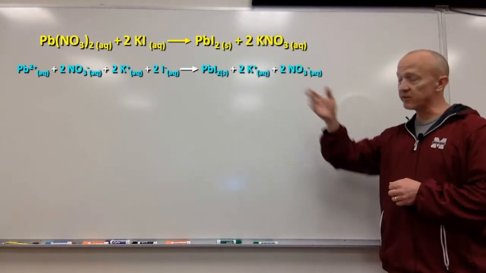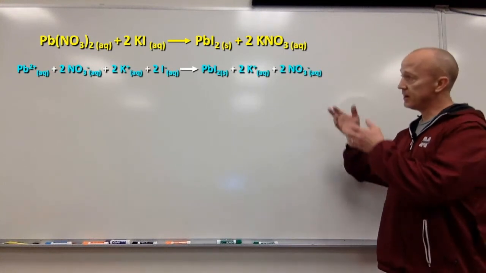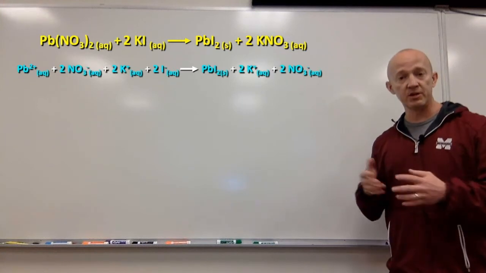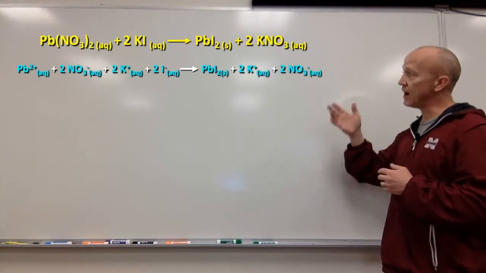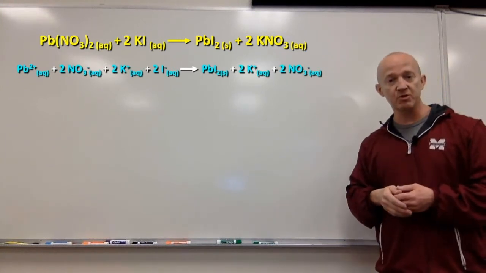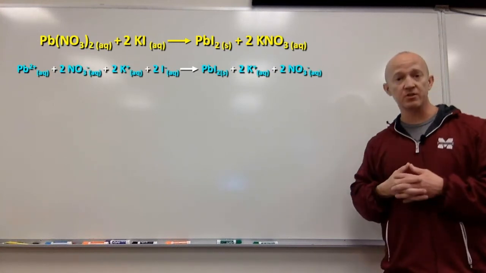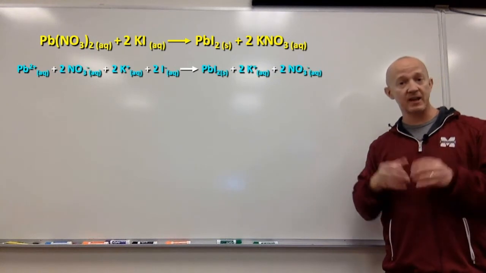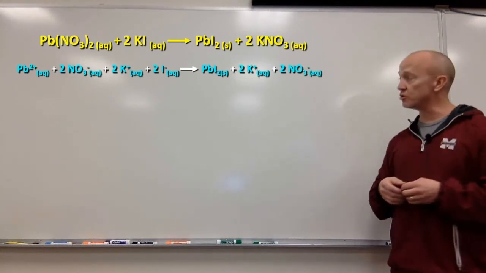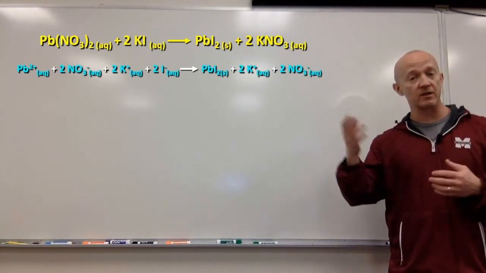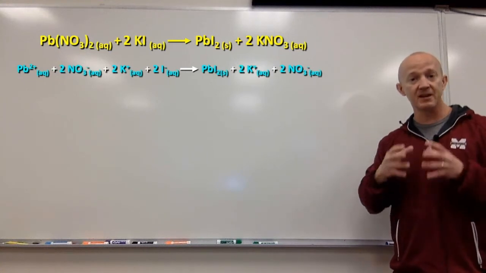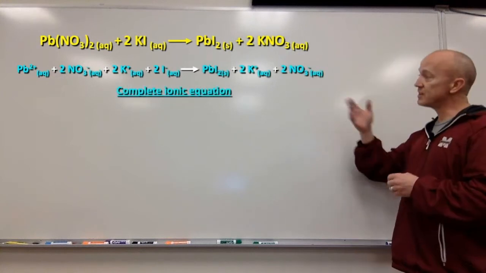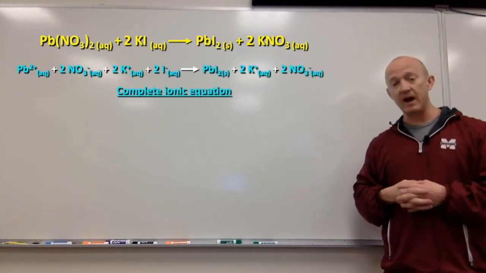So, just like we did on the left side, we'll show that in our solution we have 2 potassium ions with a +1 charge and 2 nitrate ions with a -1 charge. And again, those ions are aqueous. But for the lead iodide, we'll keep it intact. After all, when it's in solution, it does not dissociate well like the others do. So we'll keep it as a solid. Lead(II) iodide, solid. This represents our complete ionic equation.